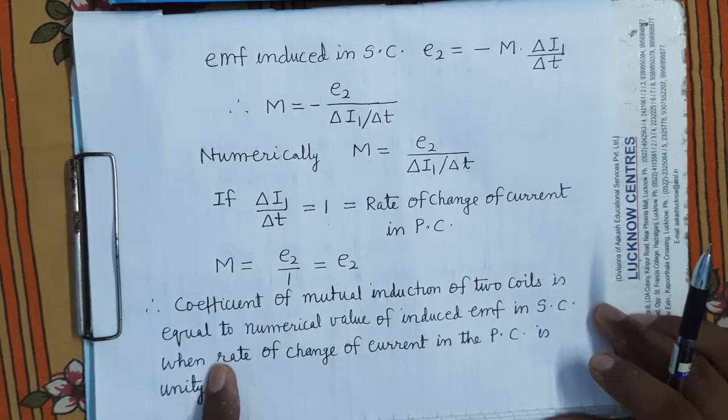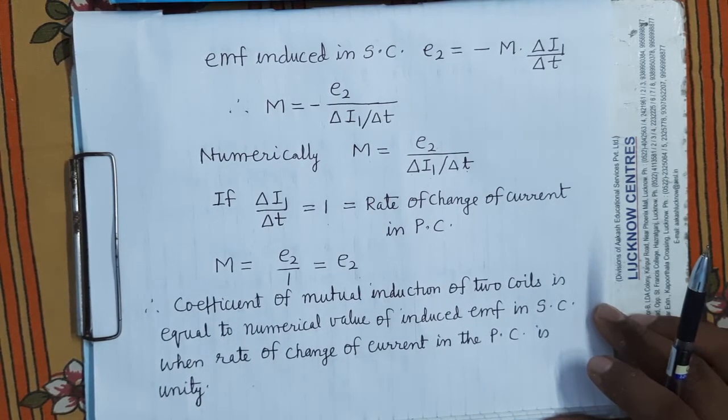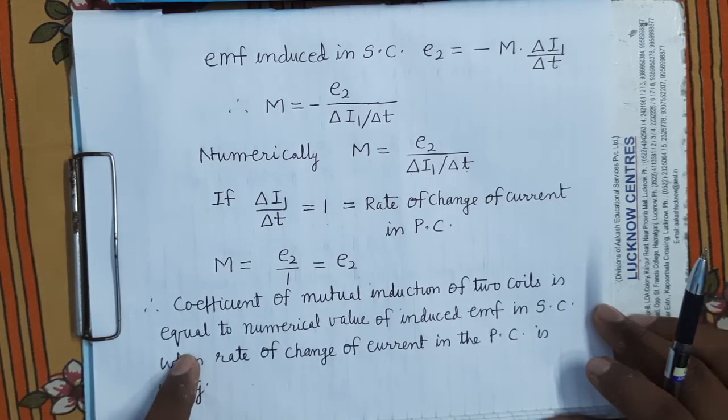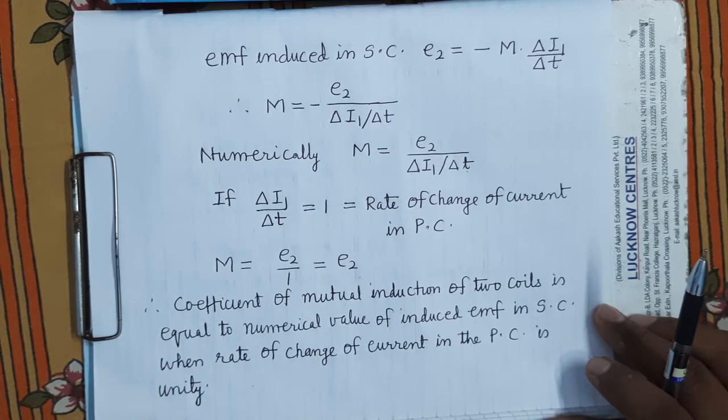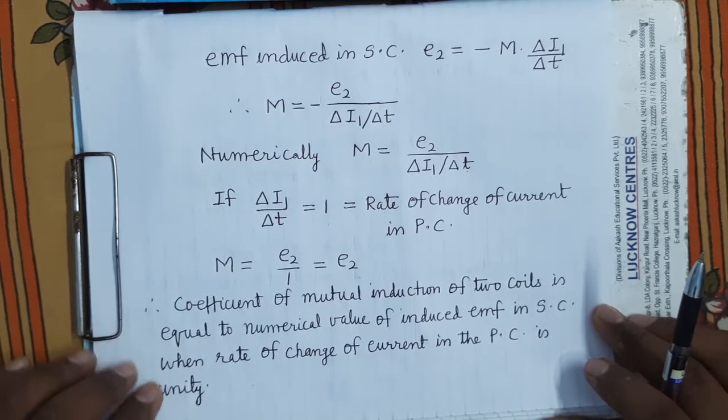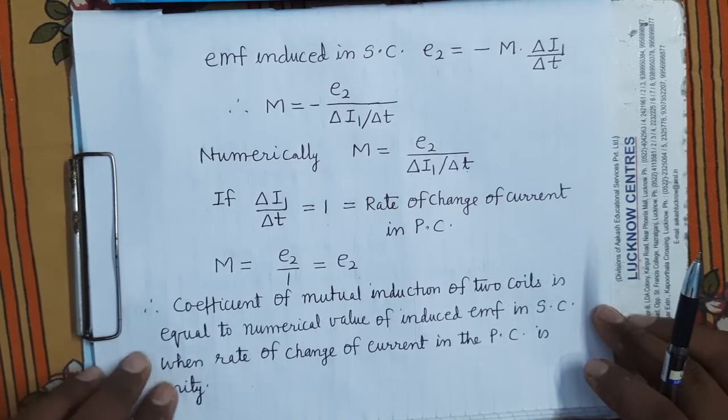It is defined as the numerical value of induced EMF in the secondary coil when the rate of change of current in the primary coil is unity.